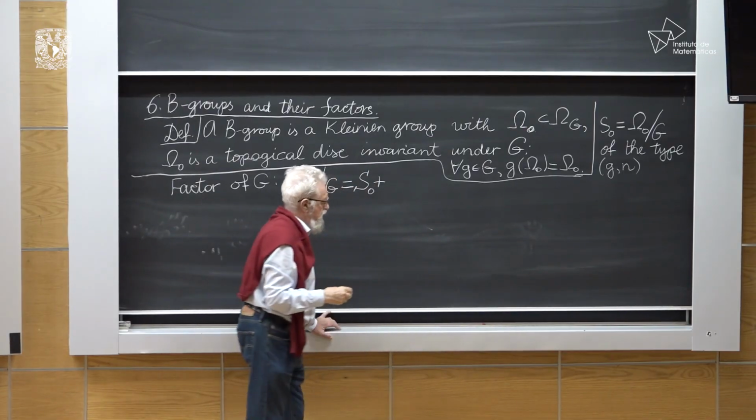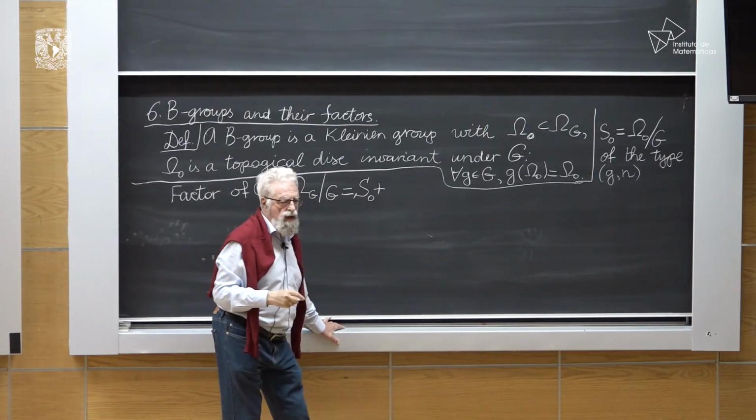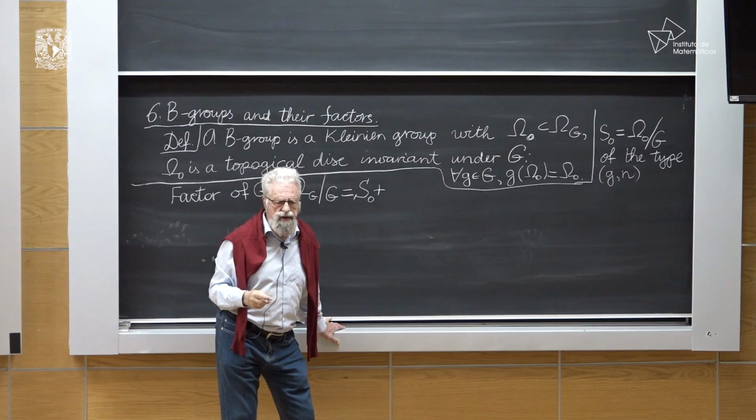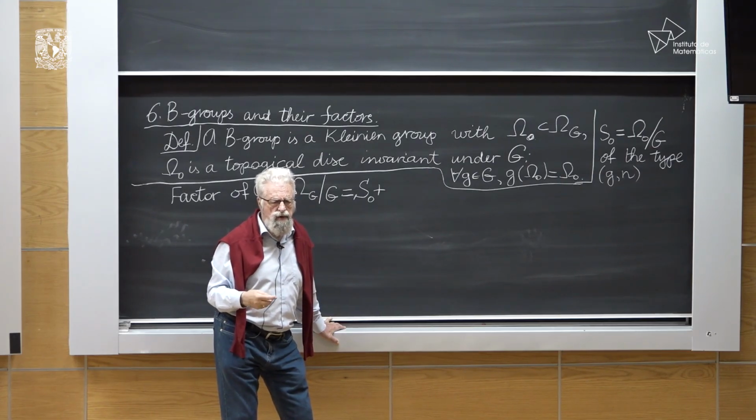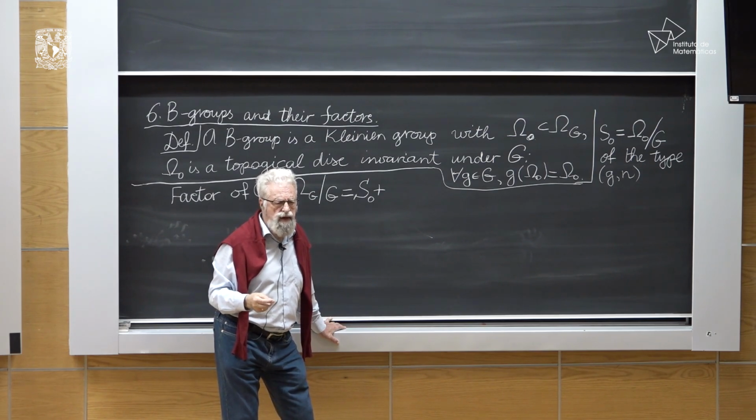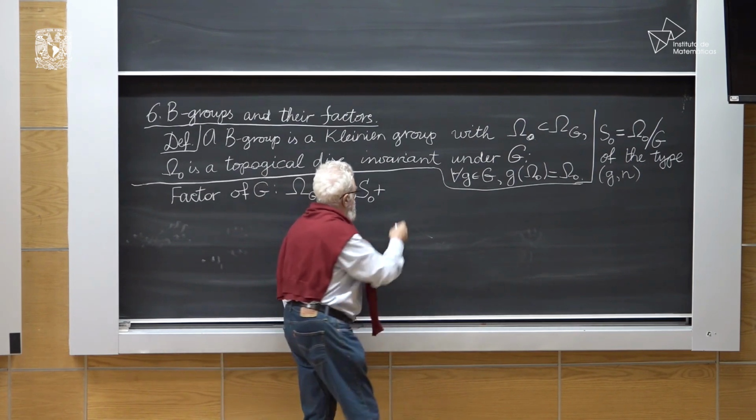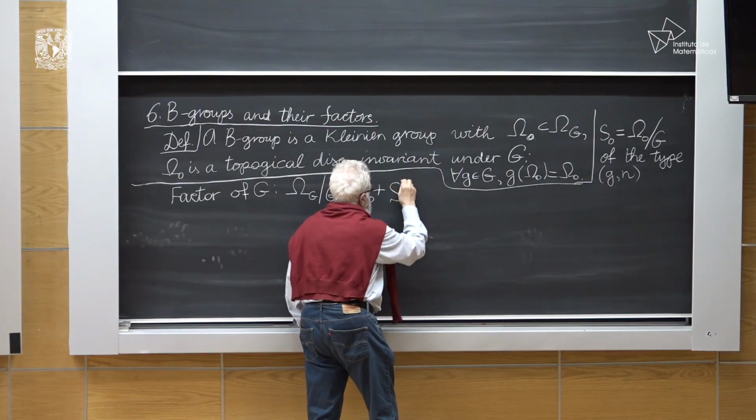Plus, according to the Ahlfors finiteness theorem, there should be a finite number of Riemann surfaces of finite type. Up to now, they are completely mysterious.